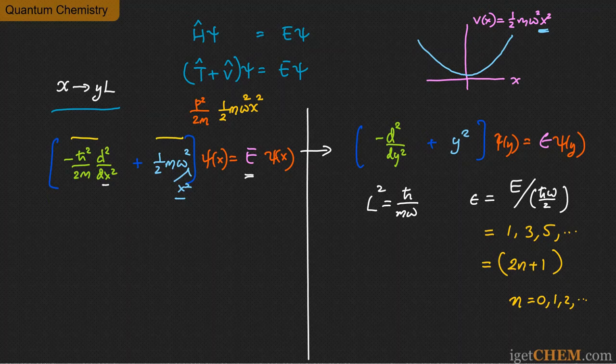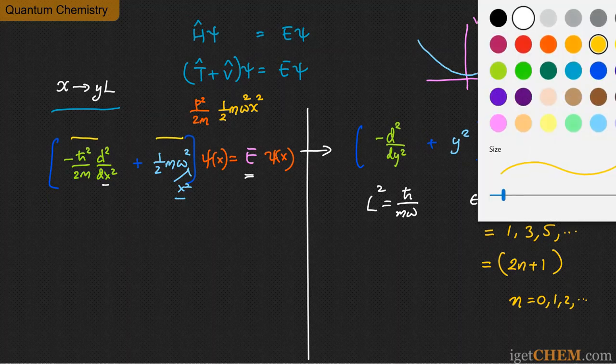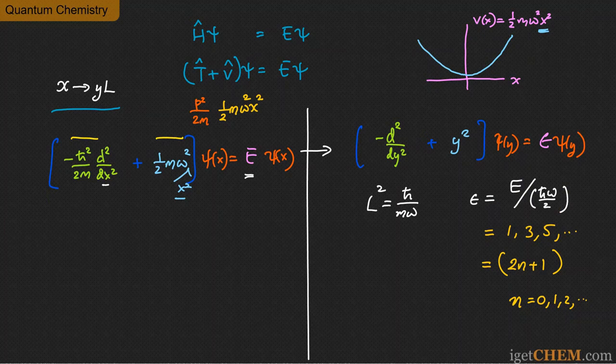So going back to the real energies, the real energy of the original problem is equal to the dimensionless energy multiplied by h bar omega over 2. And since the dimensionless energy is 2n plus 1, the real energy of the harmonic oscillator for each eigenfunction is given by this relationship.